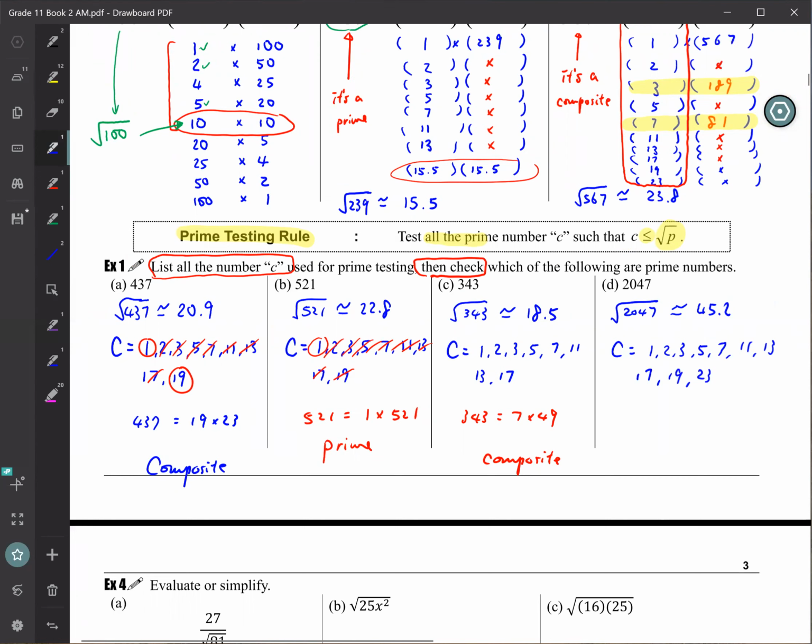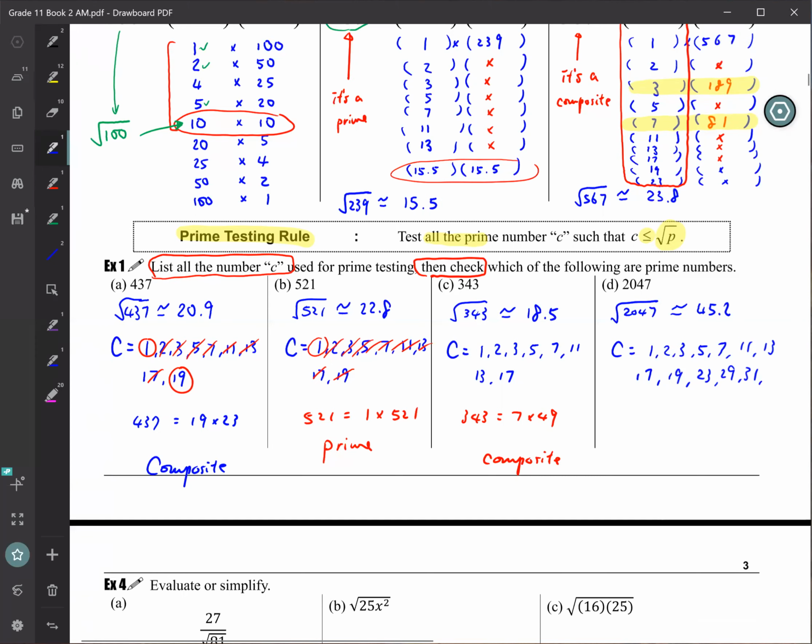What's the prime after 23? 29. After 23, there's more primes. Isn't it just 29? 23, and then we have 29. And what else? 31.